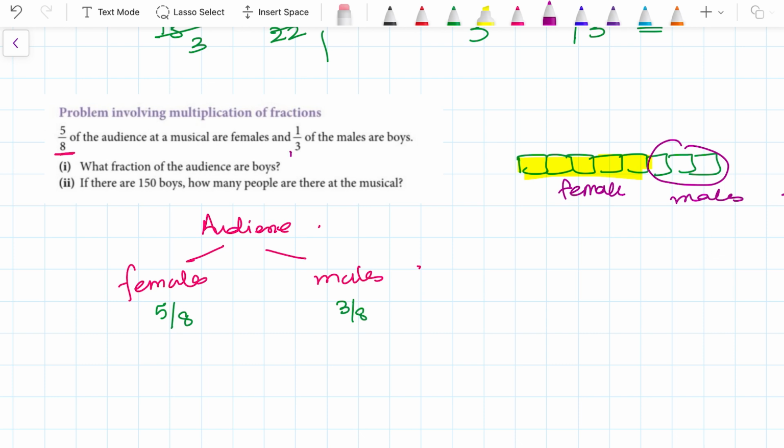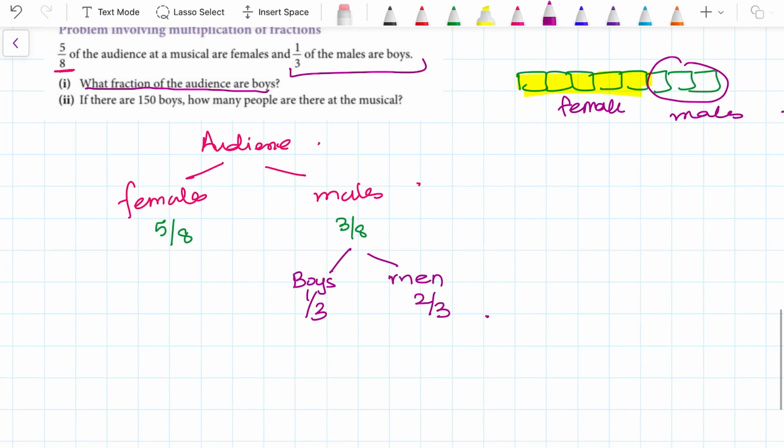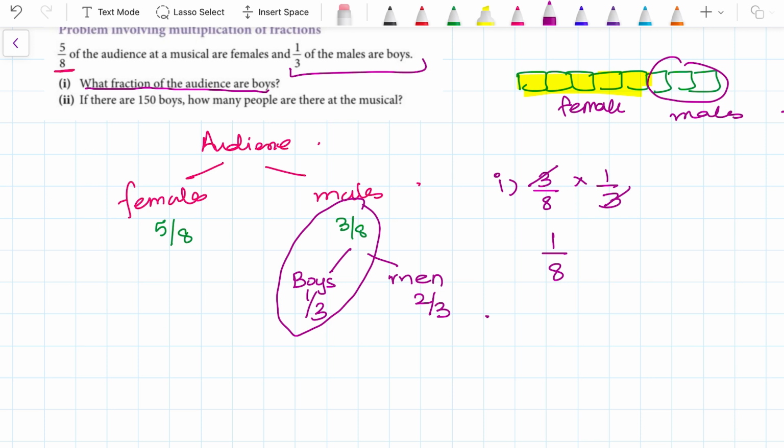So this is the concept that we use in fractions. Now 1/3 of the males are boys and maybe men. Men are going to be 2/3. What fraction of the audience are boys? So out of 3/8, 1/3 are boys. That means 1/8 of the audience are boys.